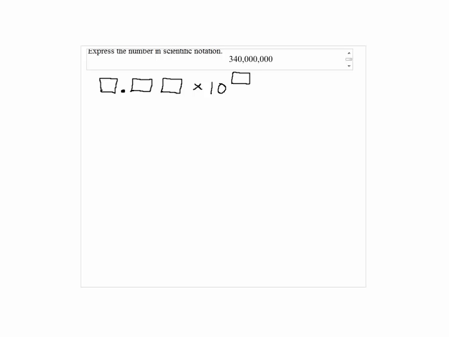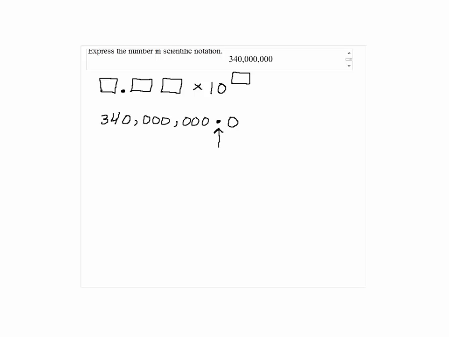In this case, the decimal point that we have is right in front of the last zero. We need to move this decimal point to get the format of scientific notation, right in front of 3.